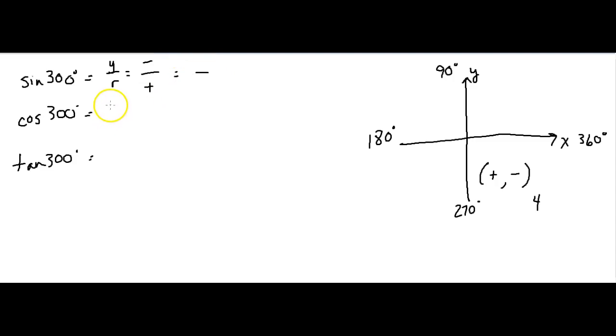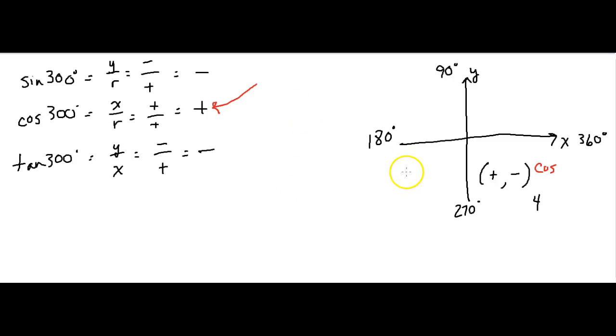To create the cosine value, it will be x over r, which is positive over positive, positive. And to create the tangent value, y over x, which is negative over positive, which is negative. So we found out only one trigonometric function has positive values in quadrant 4, the cosine.